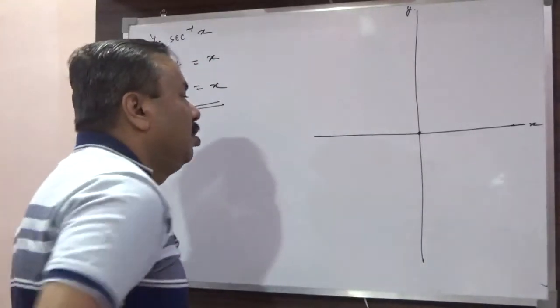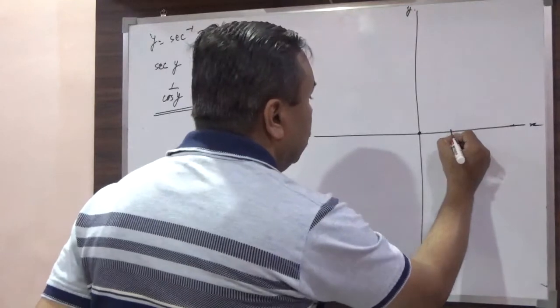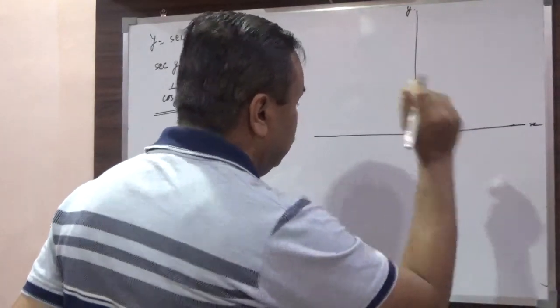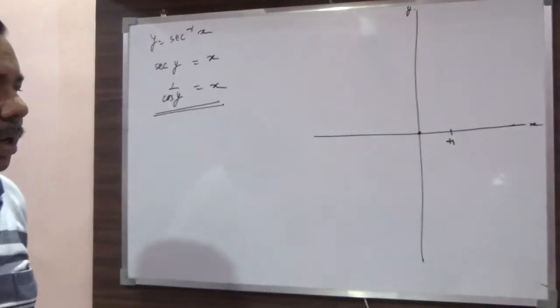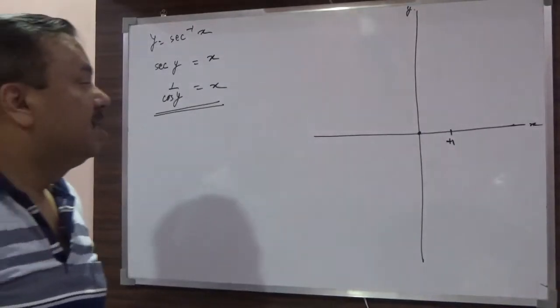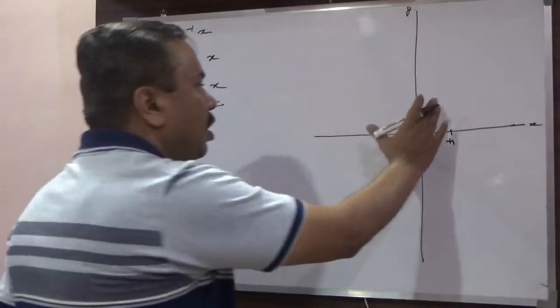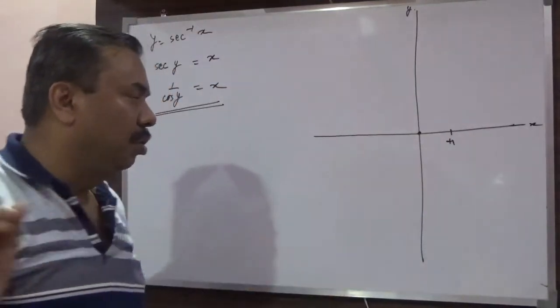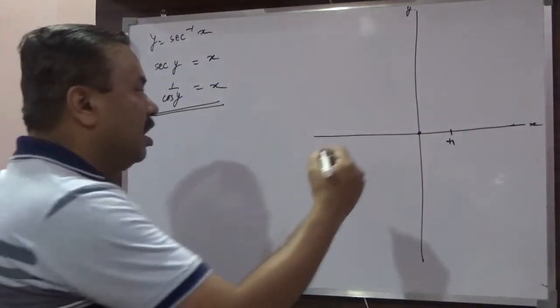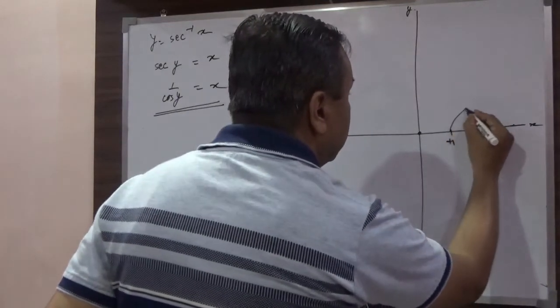When y is equal to 0, then the value of x is plus 1. Now, because it is an inverse function, I will use it in a reverse way also. That will be better for you. So this graph will go like this.